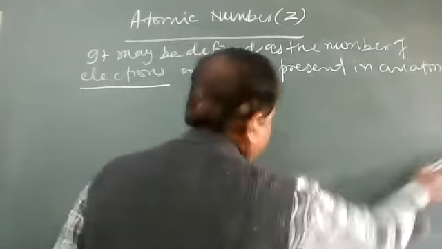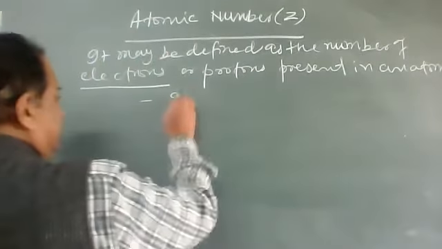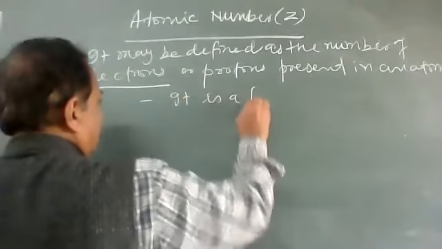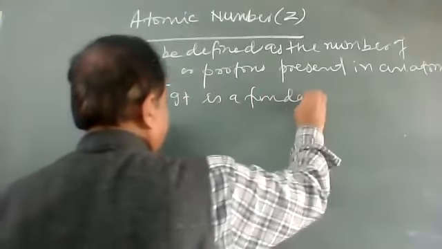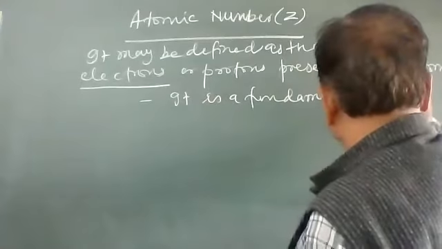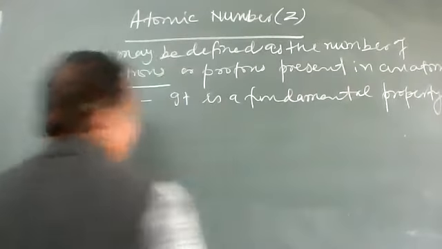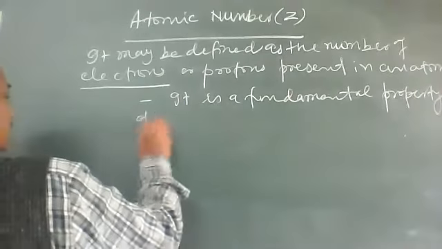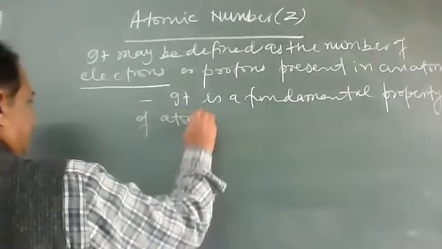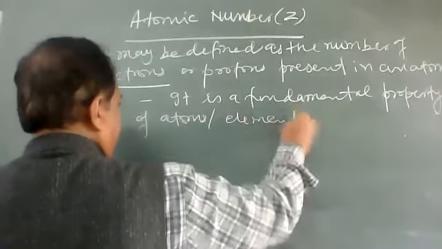Now atomic number is a fundamental property. Next point is it is a fundamental property of atoms, elements.